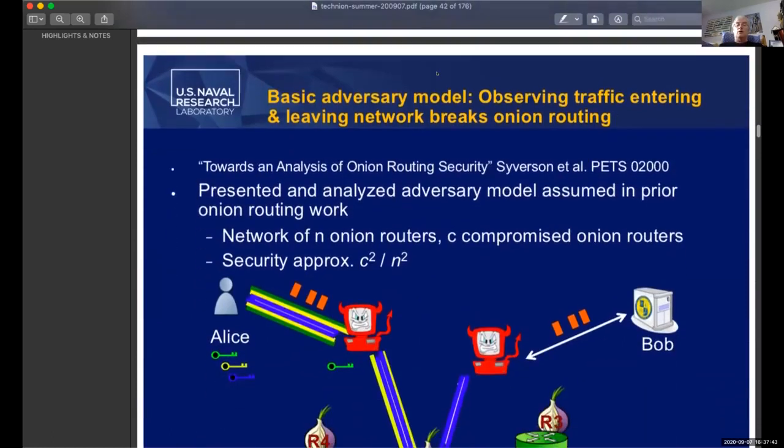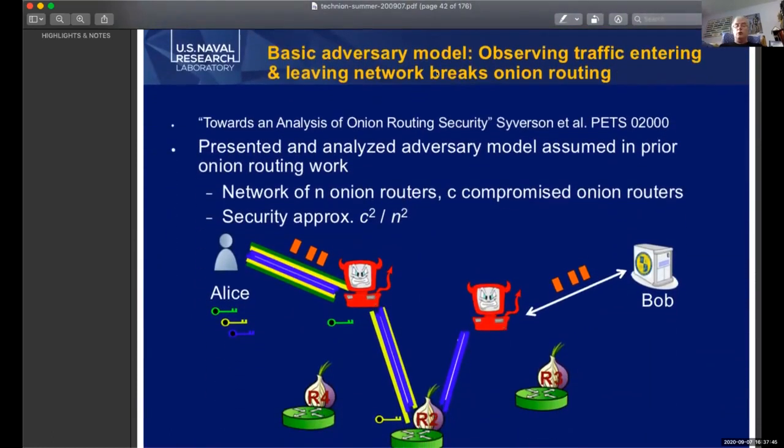Well, in onion routing, we lose. Basically, if an adversary can just sit there and watch the pattern of bits coming in at one end and then see the same pattern at the other end, see the timing between the packets as they go by, and see how many packets go by in one direction and then back in the other direction, it's pretty easy, and this has been well documented and confirmed. You can tell who's talking to whom.